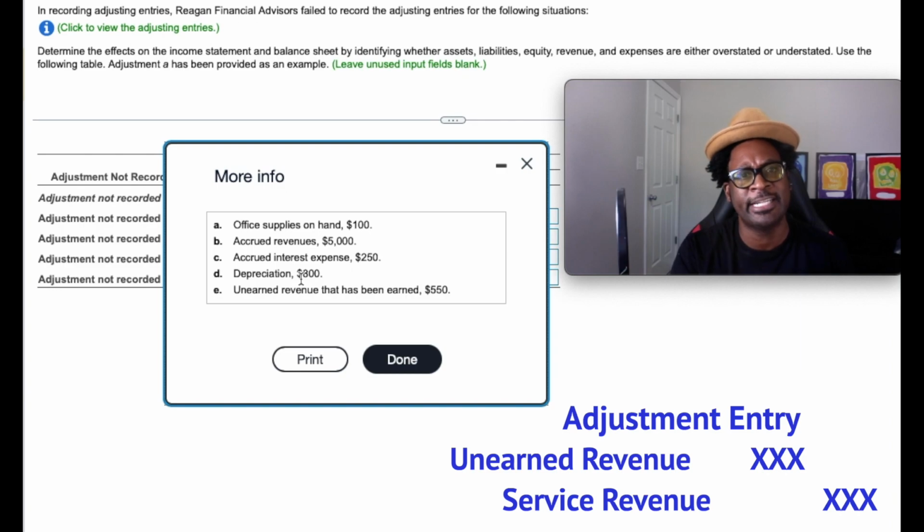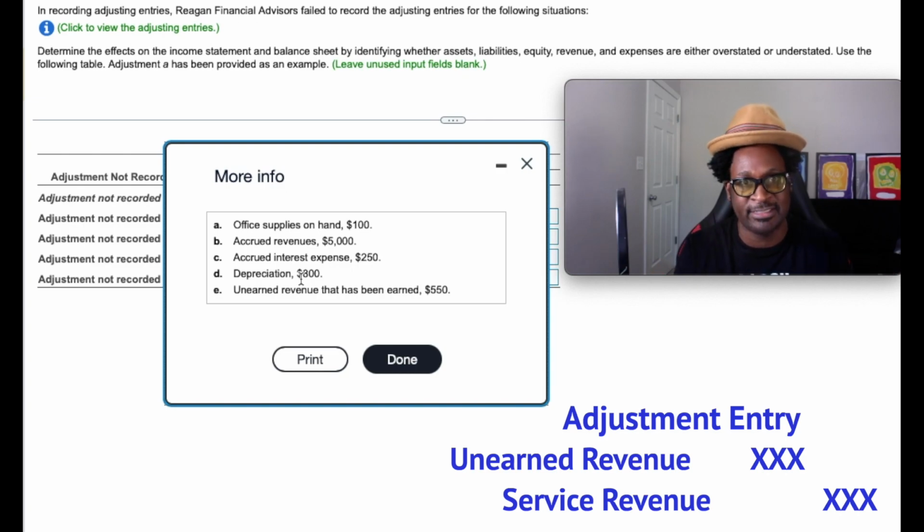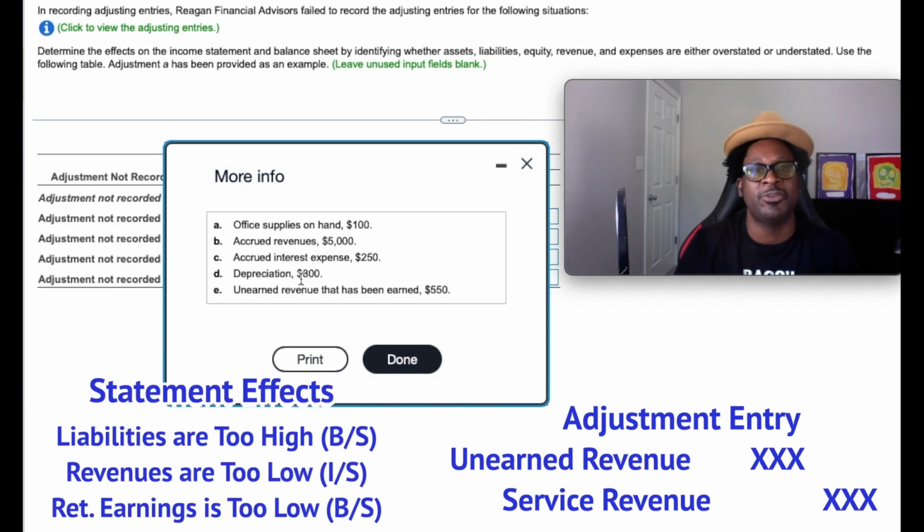The moment that that service is provided, that liability, us owing the service, is no longer in existence, which means we have to lower the liability by debiting the unearned revenue while simultaneously creating the new revenue that was earned by crediting that particular service revenue. So if we fail to debit unearned revenue and credit service revenue, how would that affect the financials?